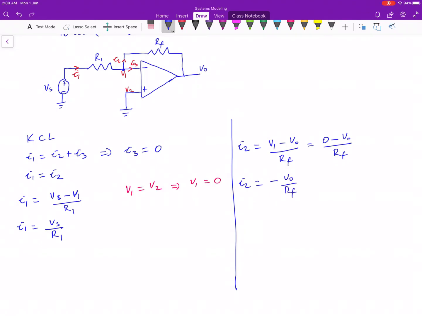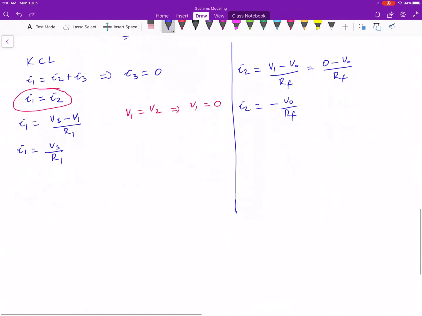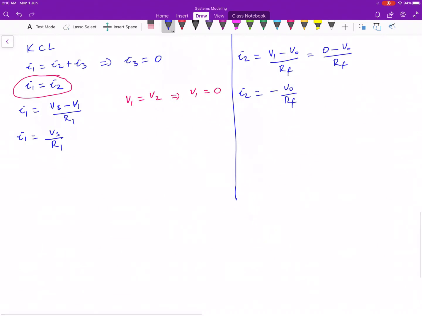Now, we have our I1 and we have our I2, and we know the relationship that I1 is equal to I2. So we can rewrite these equations in terms of I1 and I2. So we can say that Vs over R1 is equal to minus V naught over Rf.